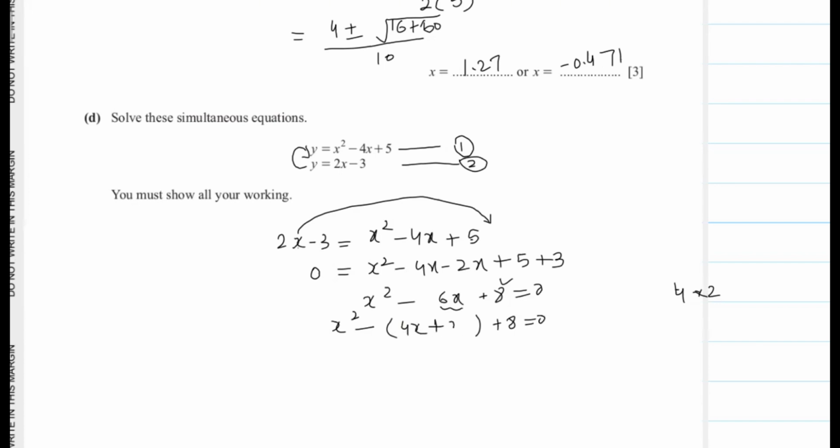this becomes minus 4x plus 2x, and this value becomes x square minus 4x minus 2x plus 8 equal to 0. We take the common from the first two values.